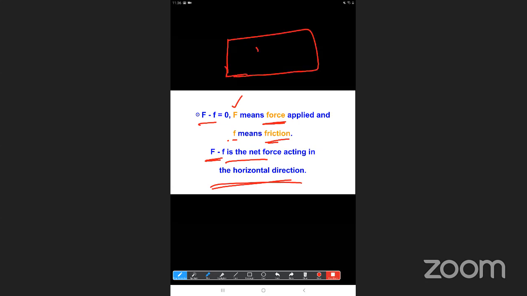When we place the book on the surface of the table and apply the force in this direction, the frictional force is acting on the book in the opposite direction. So here the net force is acting on the book in the horizontal direction. Small f is the friction and capital F is the force.